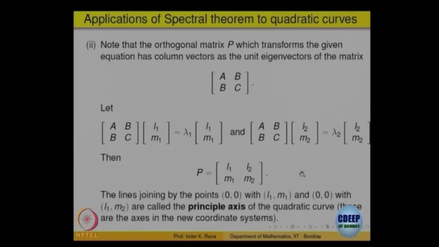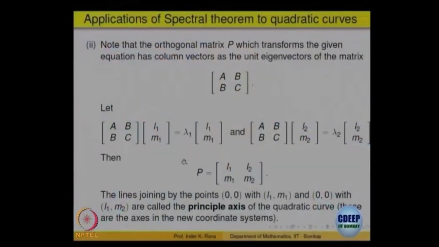So, this gives you the new axis. When you shifted the origin, you get a new point, and when you rotate, you get the new axis. That point where you have shifted is essentially what is called the center of that curve, and these are the new axes.